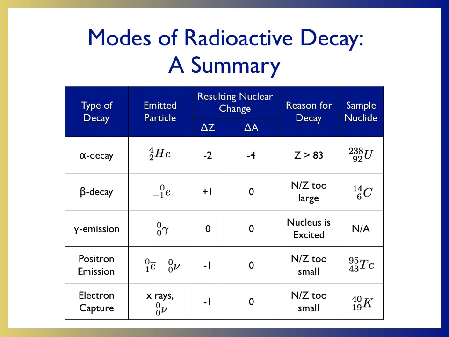Beta decay occurs when the N to Z ratio is large, or the nucleus has too many neutrons. In beta decay, a high energy electron is emitted, and the atomic number is increased by 1. Carbon-14, which is used in radioactive dating, undergoes beta decay.